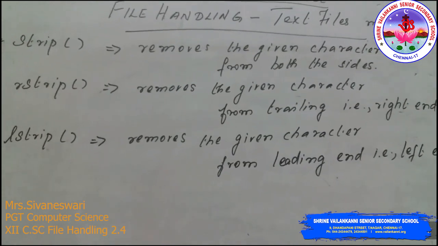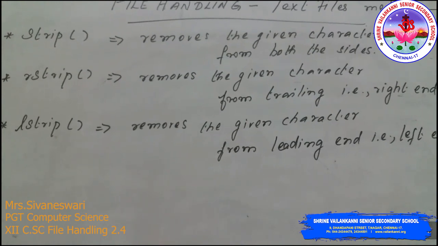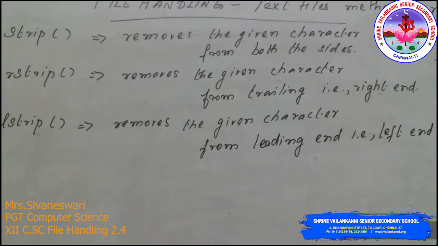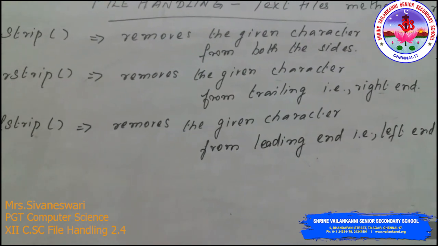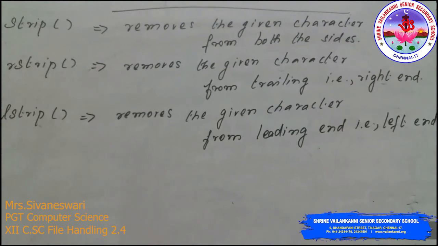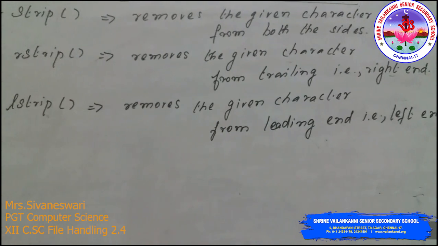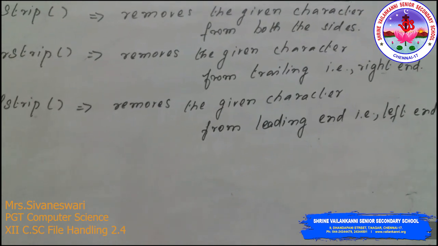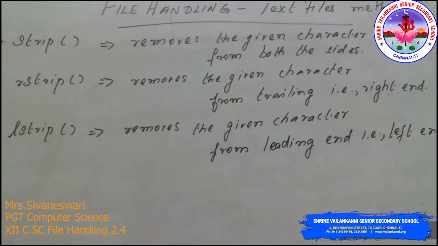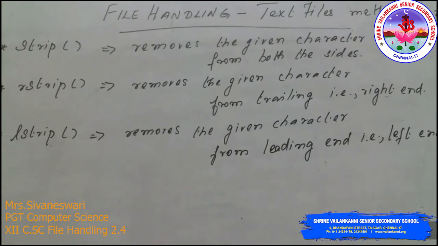The strip() method is used to remove the given character mentioned inside the method from a given string on both sides. rstrip is used to remove the given character from the trailing end, that is the right end. lstrip is used to remove the given character specified as an argument from the leading end, that is the left end. We can understand better with the examples.